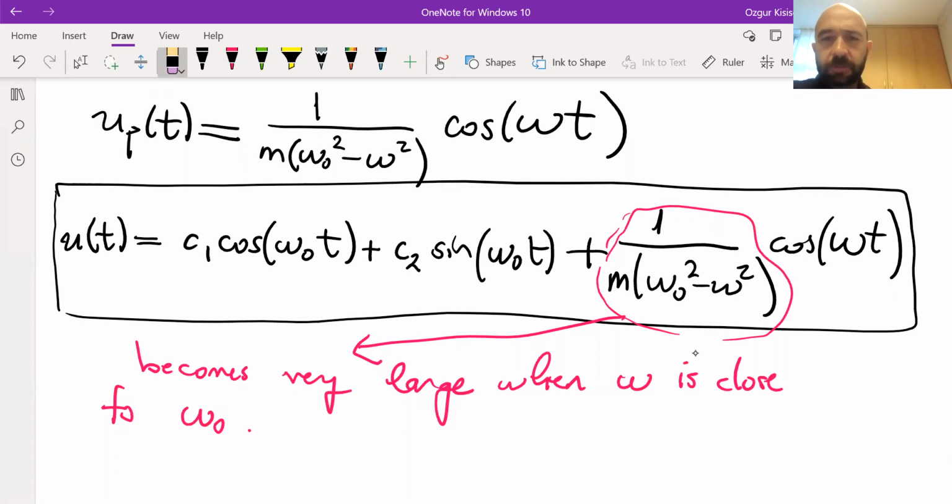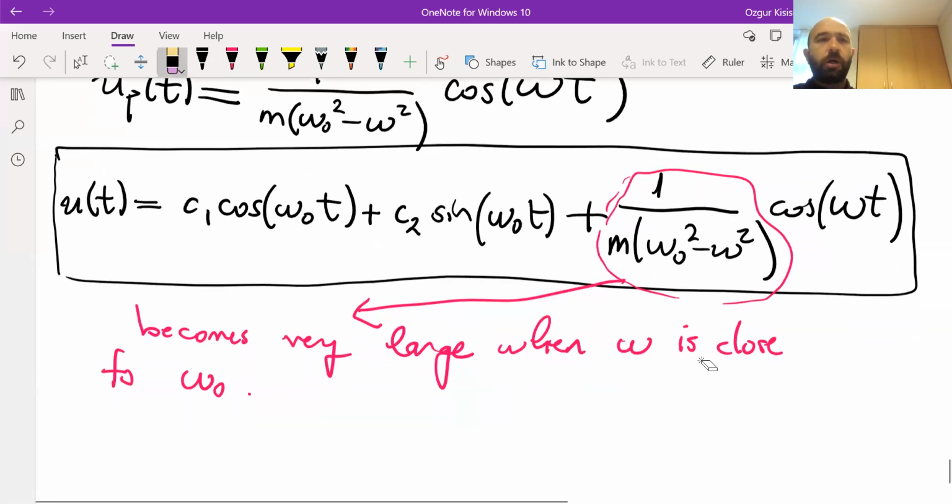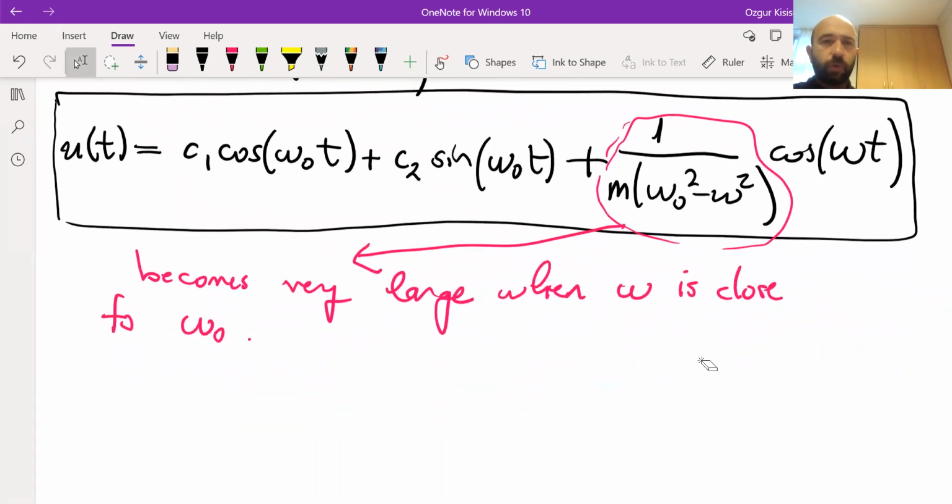So it becomes large, and it actually goes to infinity when they are very close to each other. There is this business of finding C1 and C2, but you can show that even when you find C1, C2, it doesn't matter much.